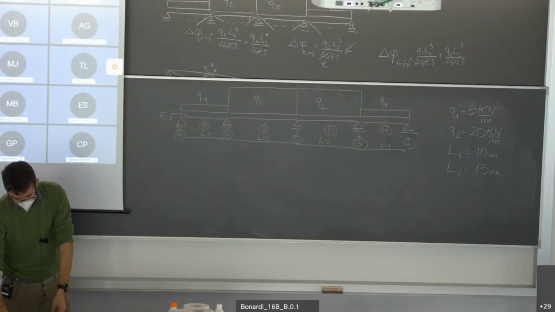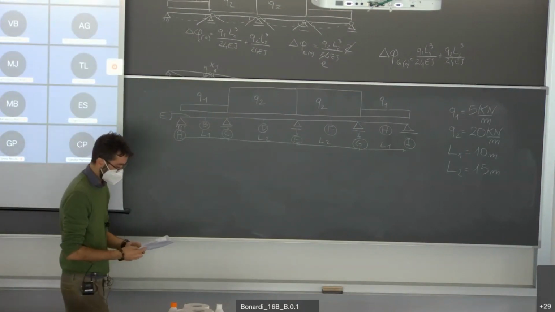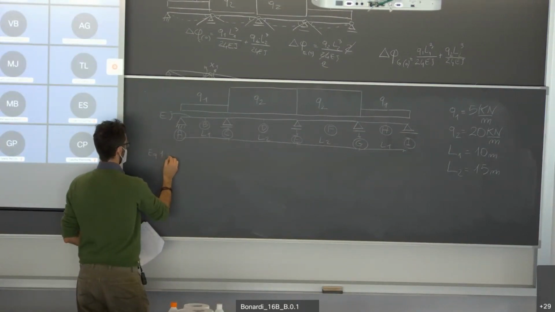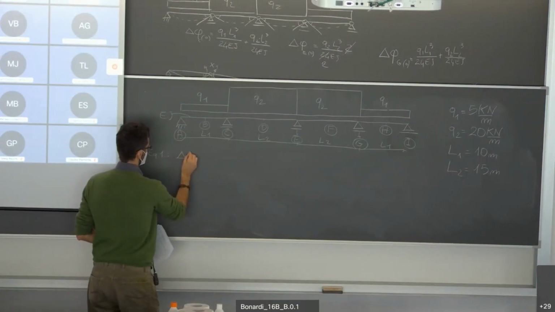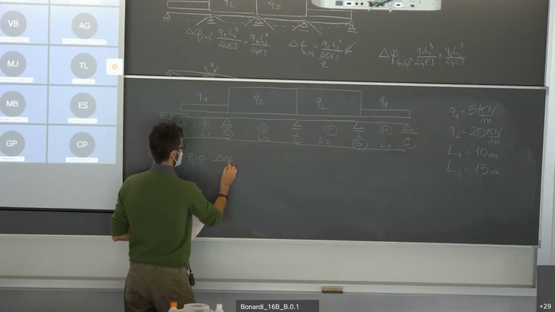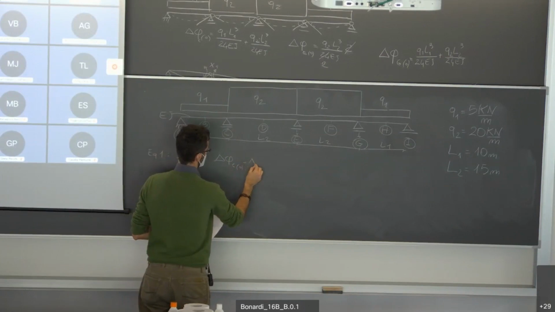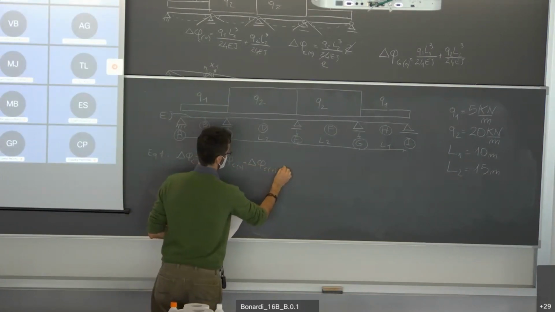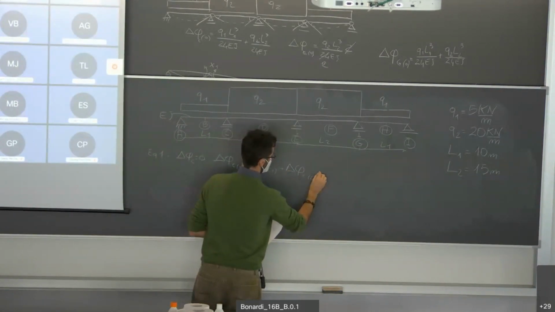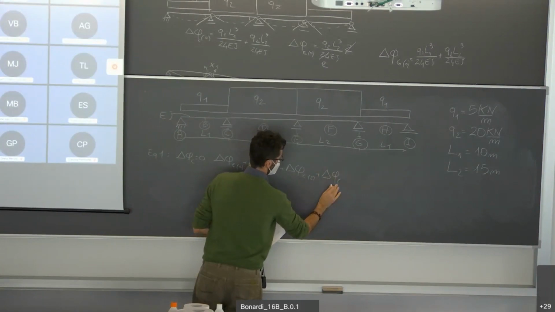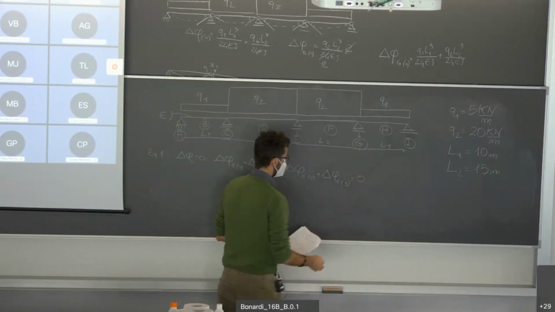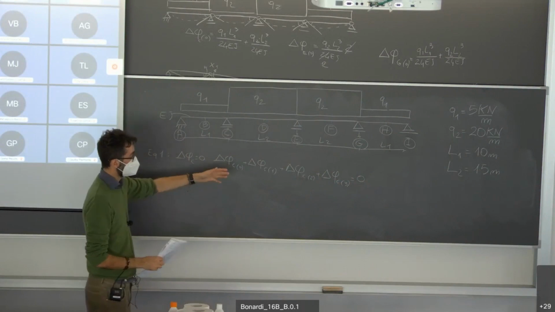Equation number 1. What did it say? That the relative rotation in the node is equal to 0. So we had delta phi 0 plus delta phi C1 plus delta phi C2 plus delta phi in the node C in the third scenario. The sum of all these four terms has to be equal to 0.